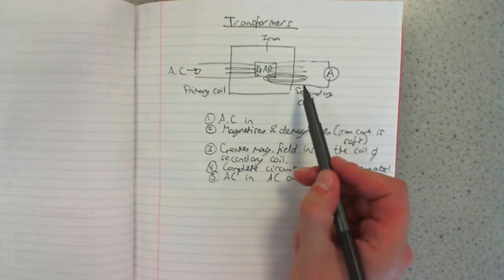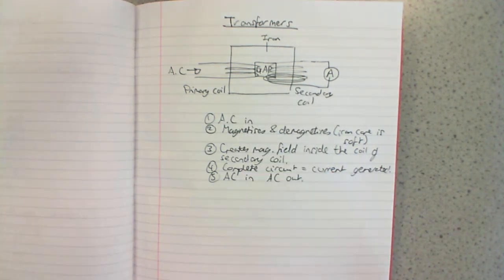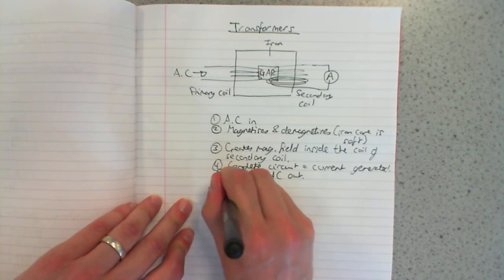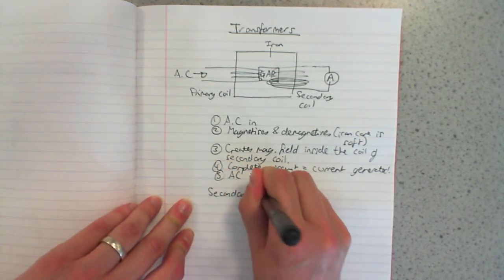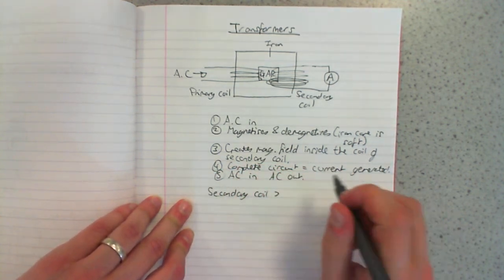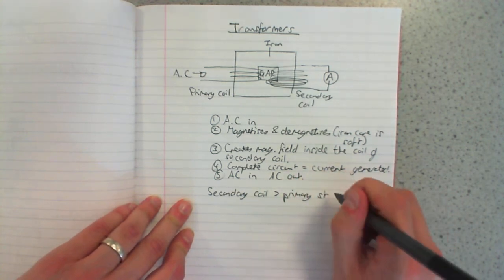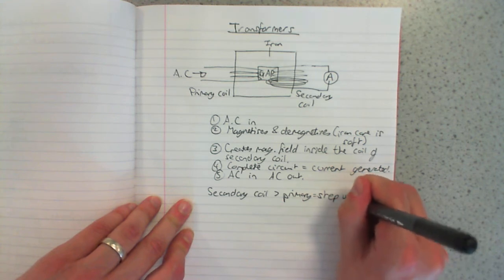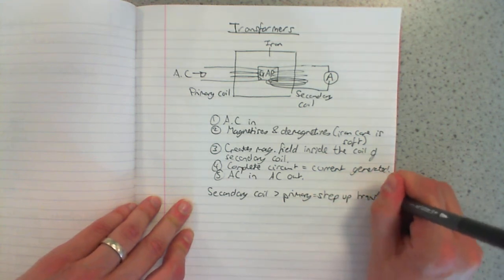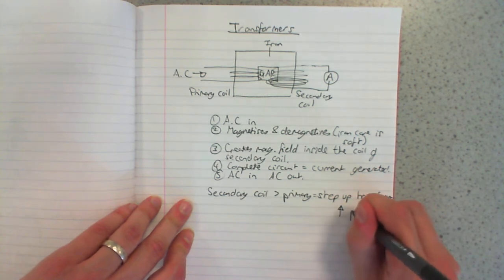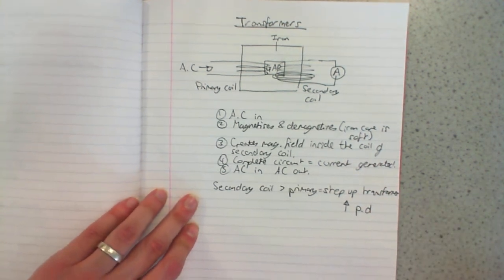Because we've got more secondary coils to primary coils, it's a step up transformer. So secondary coil more than primary equals step up transformer. And a step up transformer increases the potential difference.